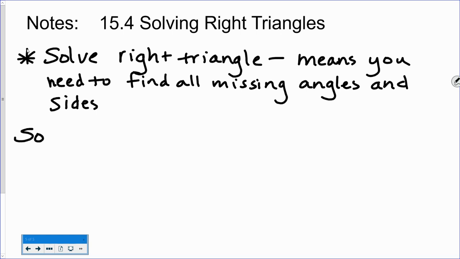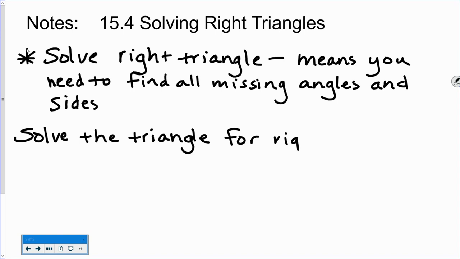So our directions: we will solve the right triangle ABC, where C is the right angle.